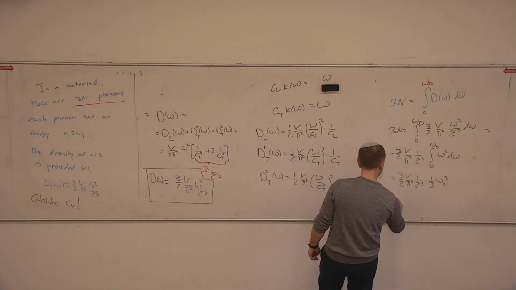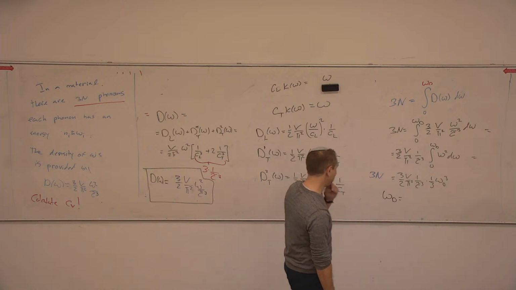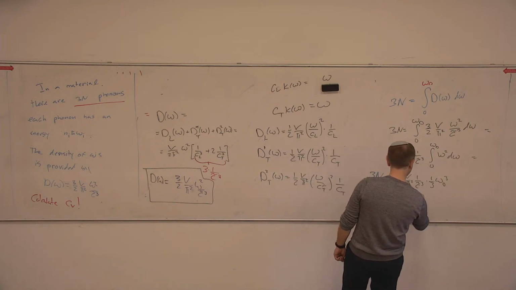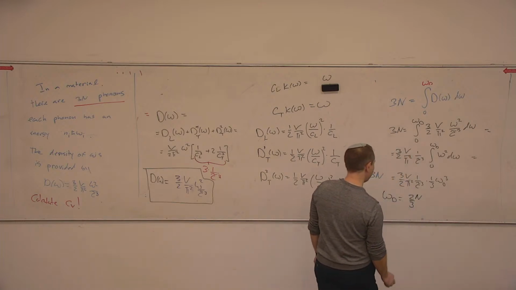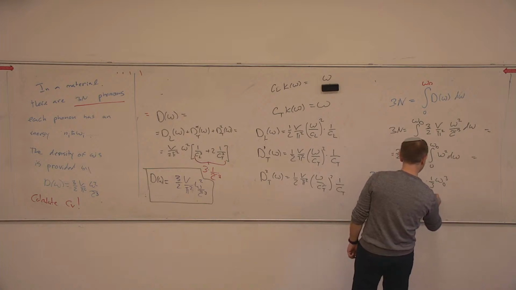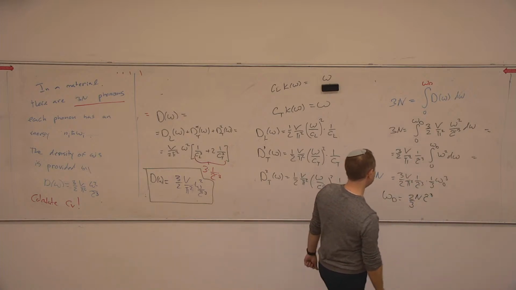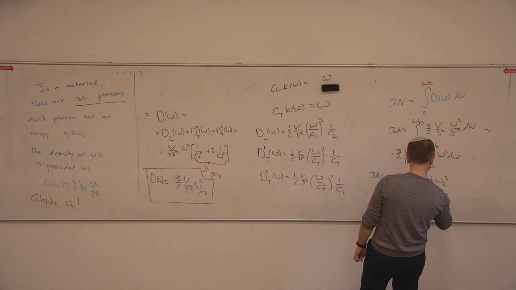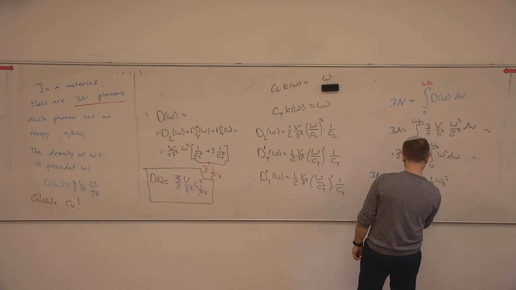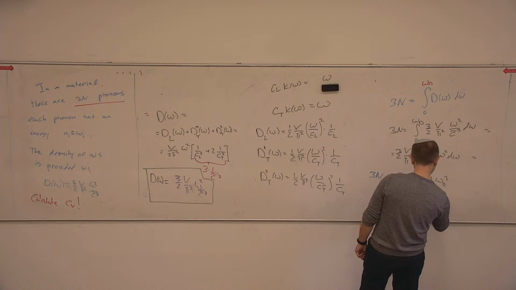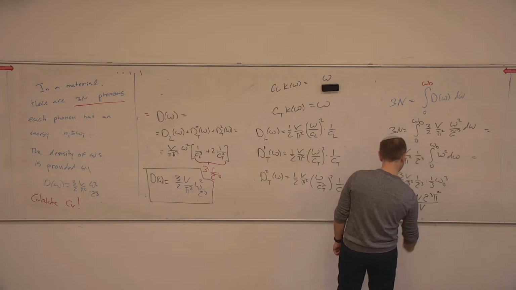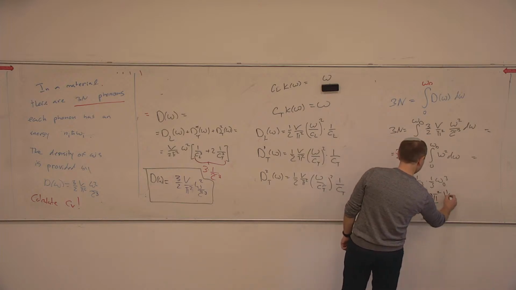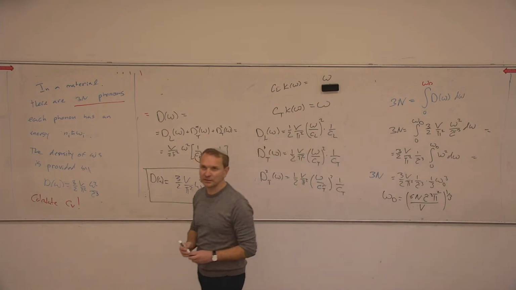So omega Debye equals c tilde to the third multiplied by 6 pi squared n divided by the volume, to the power of one-third. This is our omega Debye.